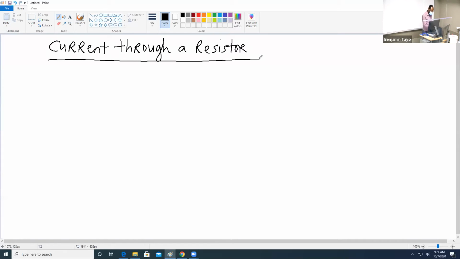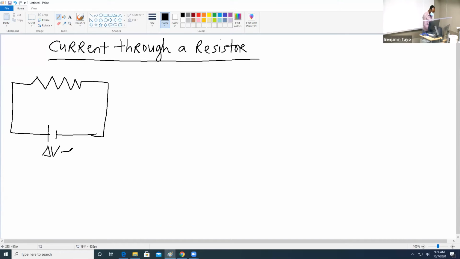As I said before, a resistor looks like this. That's the symbol. The circuit is going to look like this. This is going to be my delta V. Let's take delta V as 10 volts, and let's take the value of this resistor here to be equal to 100 ohms.